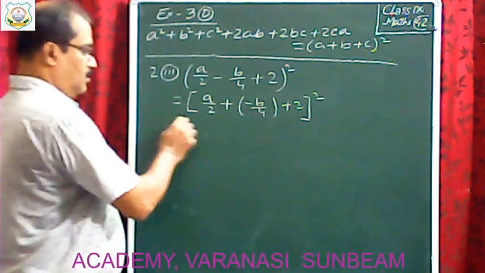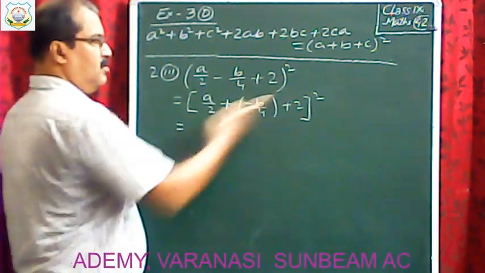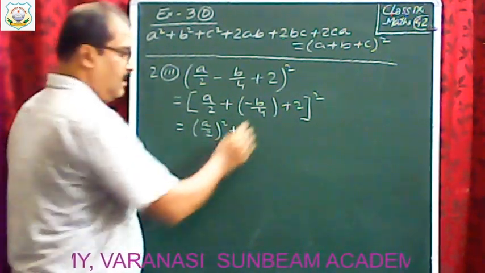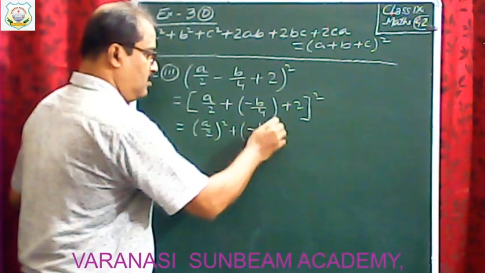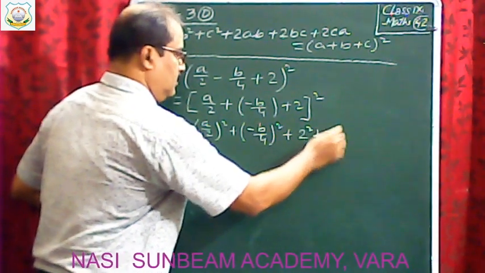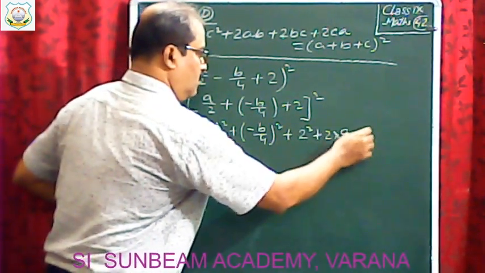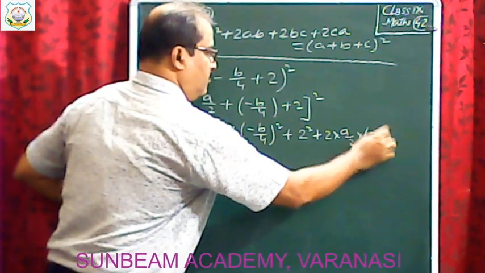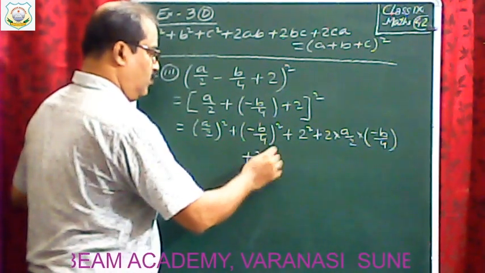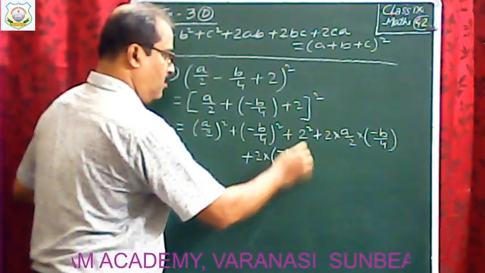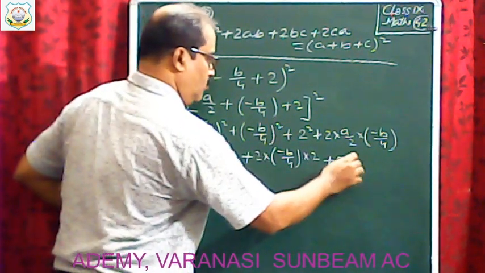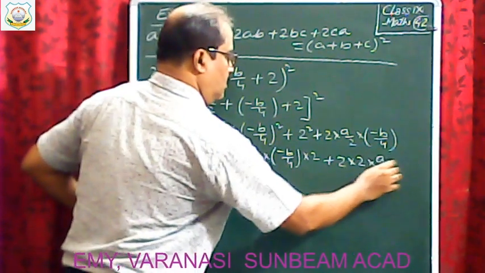According to the identity, a plus b plus c whole square equals a square, so a by 2 whole square, plus b square, minus b by 4 whole square, plus c square, 2 square, plus 2ab, 2 into a by 2 into minus b by 4, plus 2bc, 2 into minus b by 4 into 2, plus 2ca, 2 into a by 2.